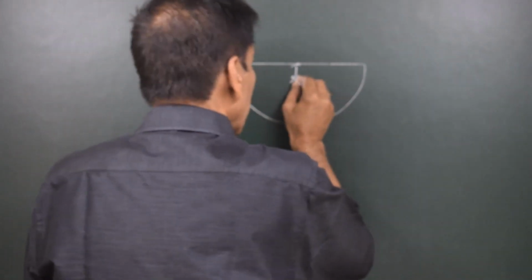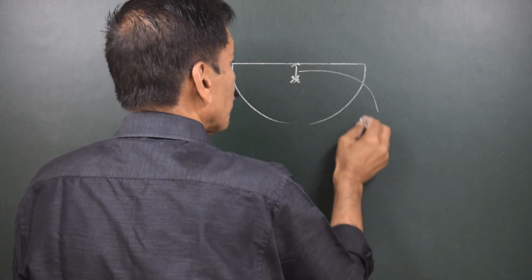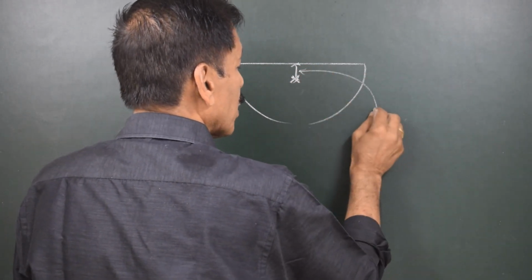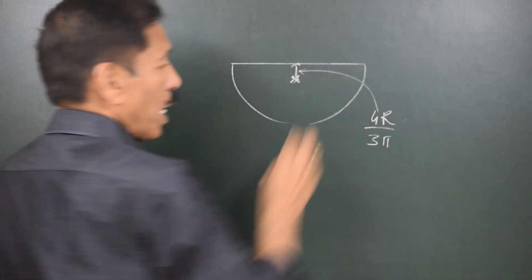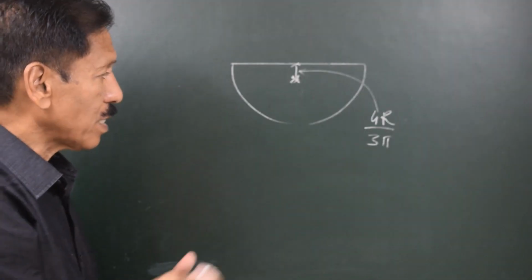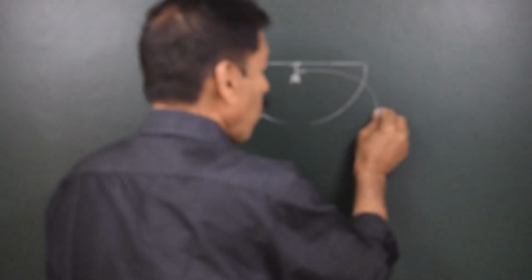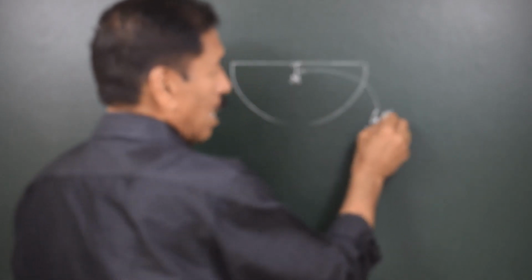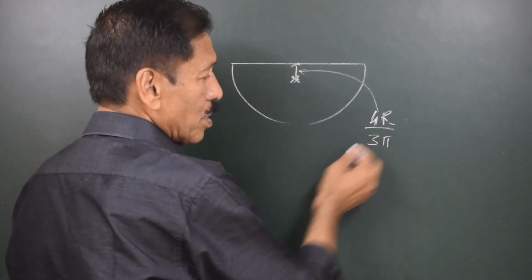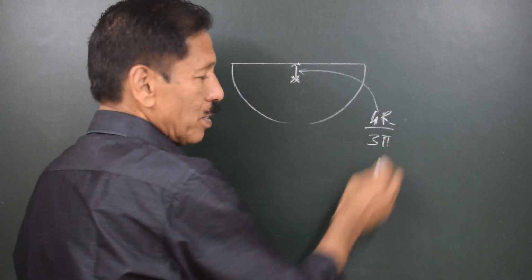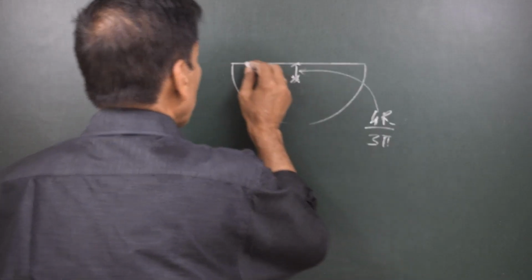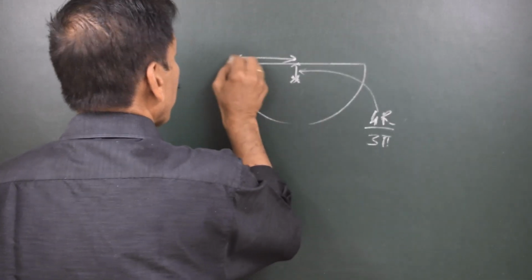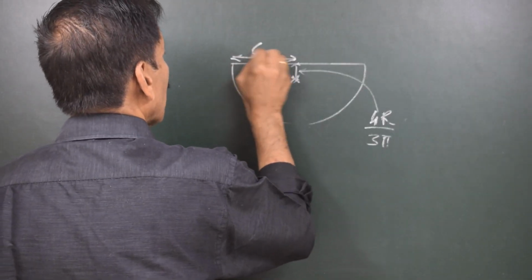So this position of the geometric centroid is 4r by 3 pi from the diameter. I sometimes tell my students 4 means captain, R means radio officer, 3 means third officer, and pi means second officer.